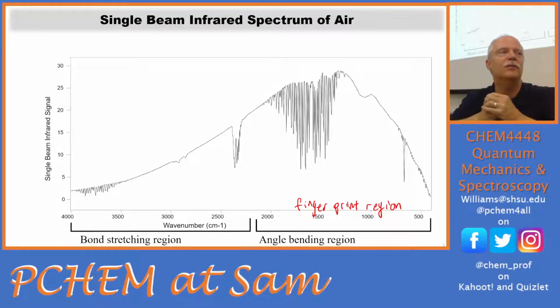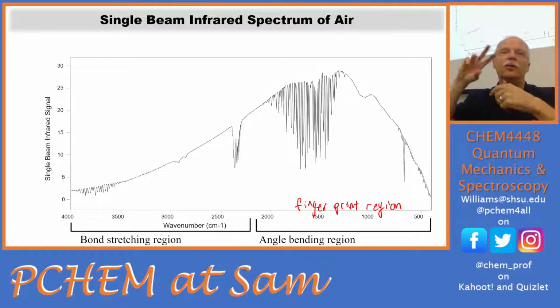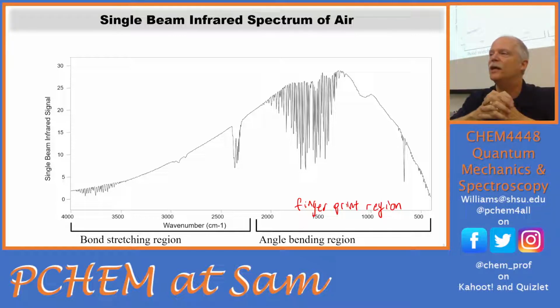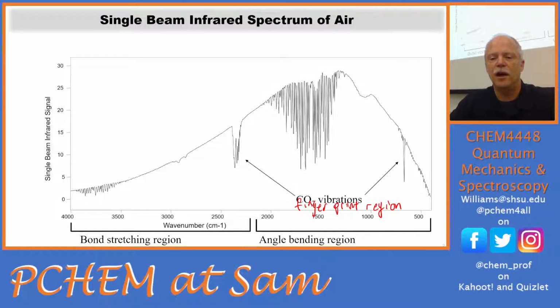What I do in terms of trying to understand the fingerprint region is I just do a Gaussian calculation and calculate the vibrational frequencies, and then I animate every one of them. So I can see what that peak is. It's a twist or a turn or a deformation of something. So you can understand the fingerprint region, but it's all of those angle bends in the molecule. These are the CO2 vibrations, and these are the water vibrations.